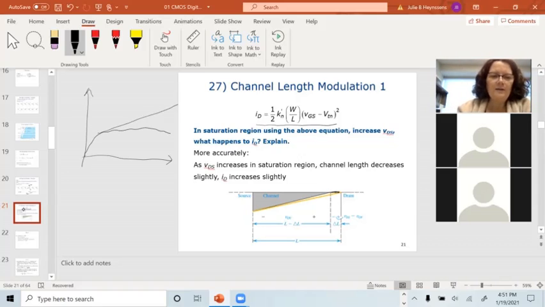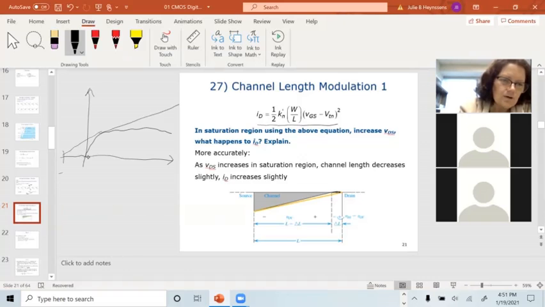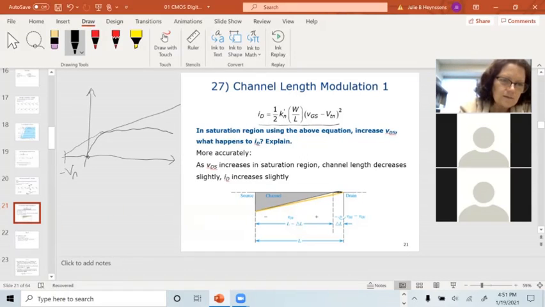So we had to take this into account. They take a whole bunch of these curves and find where this crosses the axis. And this is called VA. It's the negative of the early voltage.